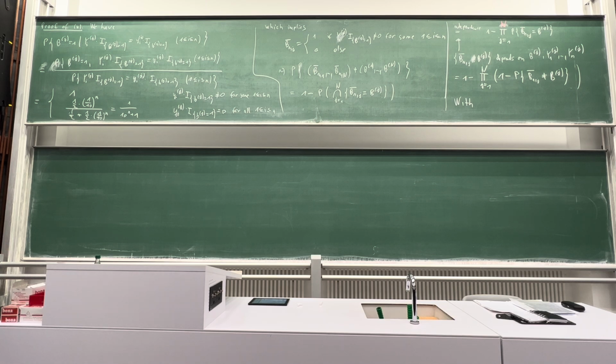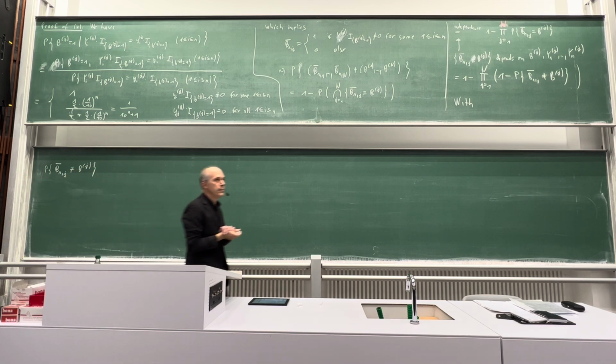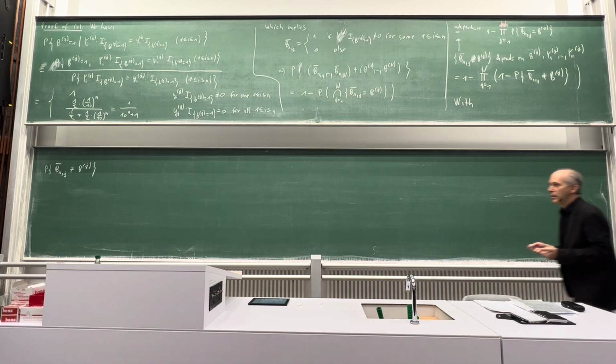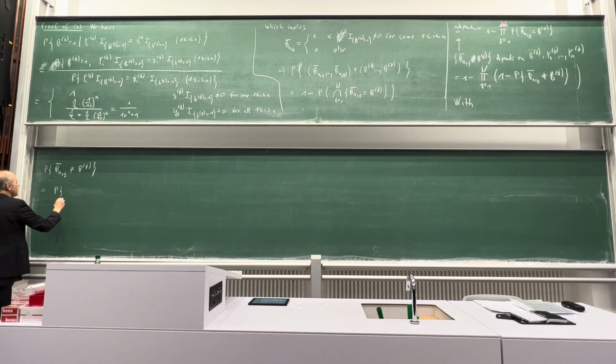Now we compute the probability that B and J bar is not equal to Bj. And here I split again this event in two events. One event where Bj takes on the value 1, one where Bj takes on the value 0. And then I have a disjoint union of two events, and the probability is just the sum of the two probabilities.